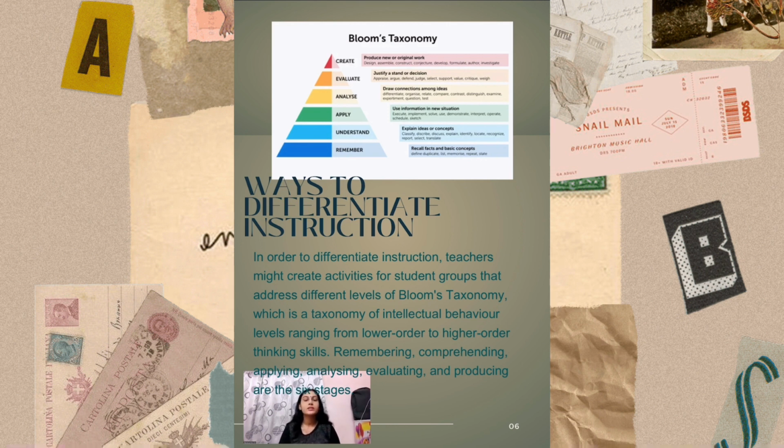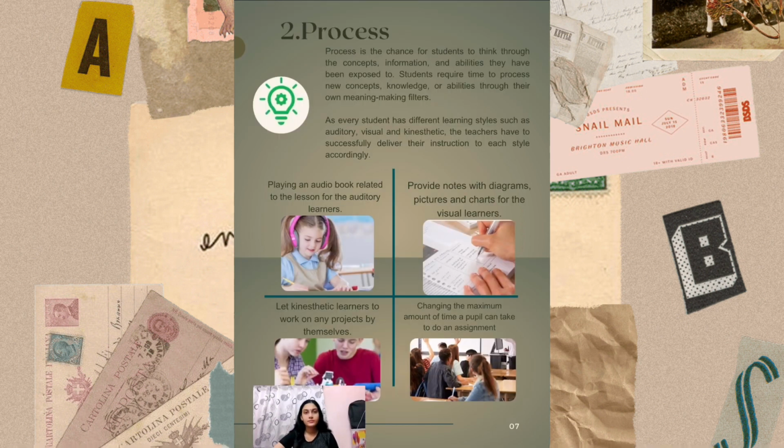There are six stages in Bloom's taxonomy. They are remembering, understanding, and applying, all of which belong to the lower order thinking skills. The higher order thinking skills are analyzing, evaluating, and creating.